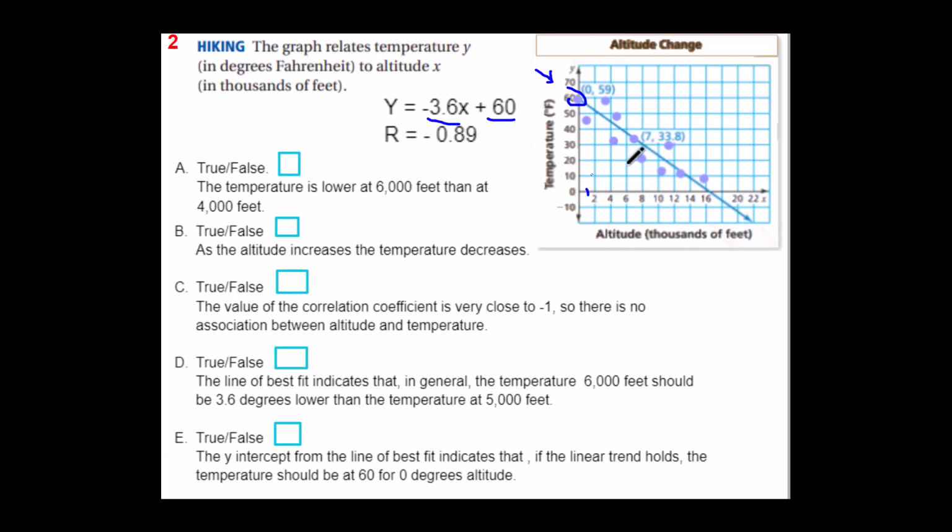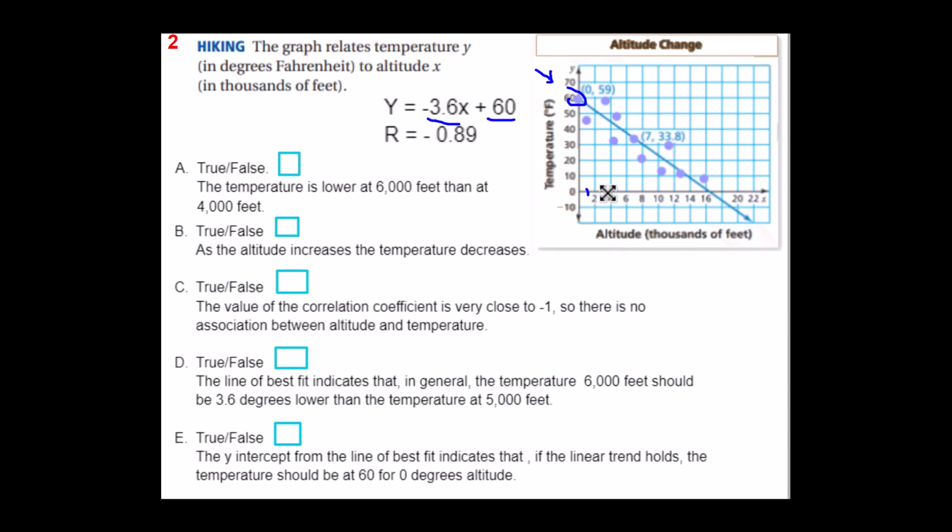All right, let's look and see if we can answer the questions for number 2. True or false? The temperature is lower at 6,000 feet than at 4,000 feet. We can already tell that it's going down. No, that's not 6,000, that's 60 degrees Fahrenheit.